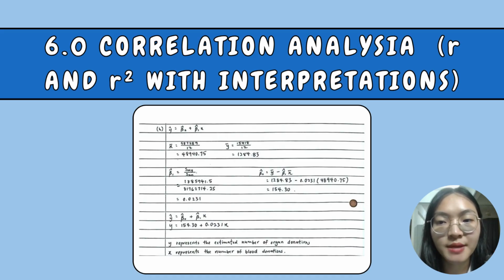This means if there are zero blood donations, we still expect about 154 organ donations. For every extra blood donation, organ donations will increase by about 0.0231. So, if we have 1,000 more blood donations, organ donations will go up by about 23.